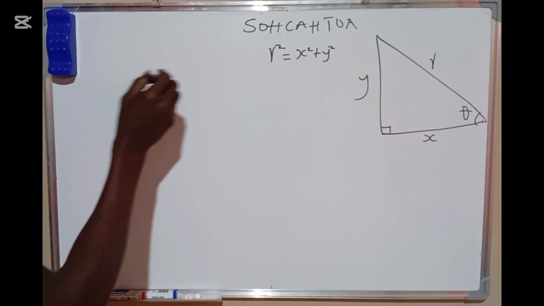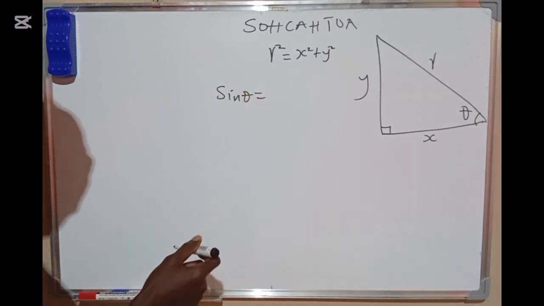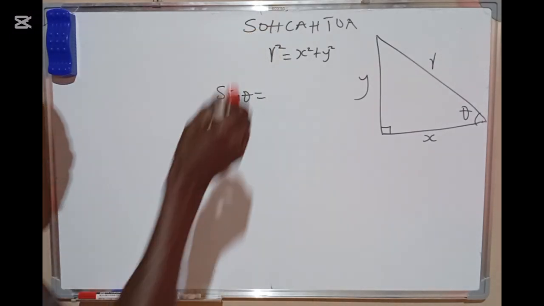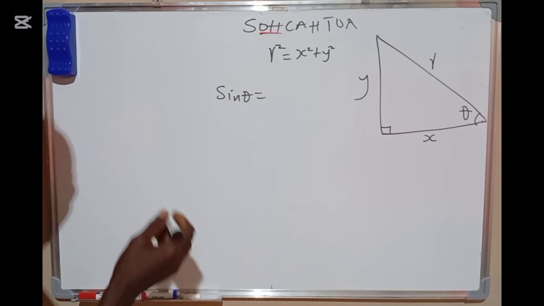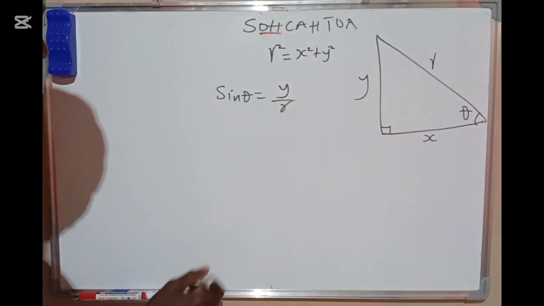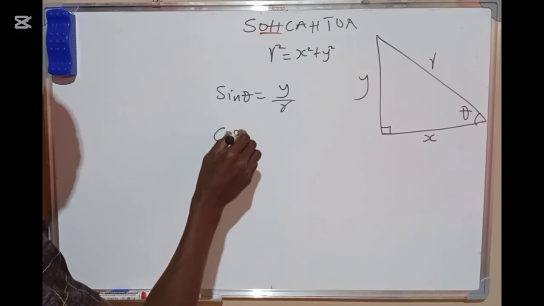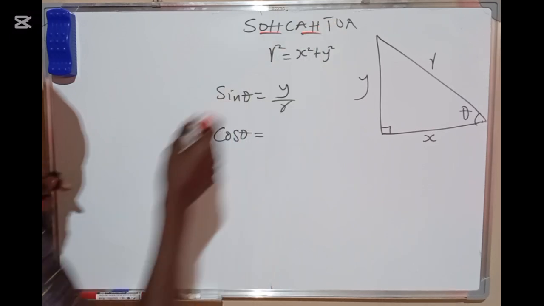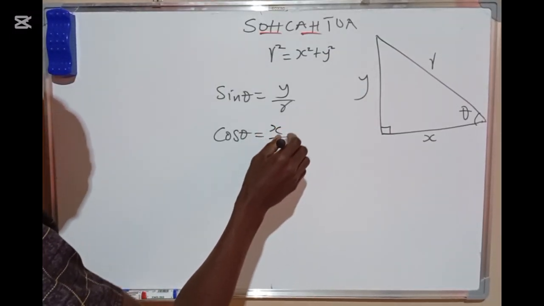So for sine theta, we have sine theta is opposite all over hypotenuse. The opposite is y, and the hypotenuse is r. Then cos theta is adjacent all over hypotenuse. The adjacent is x, and our hypotenuse is r.